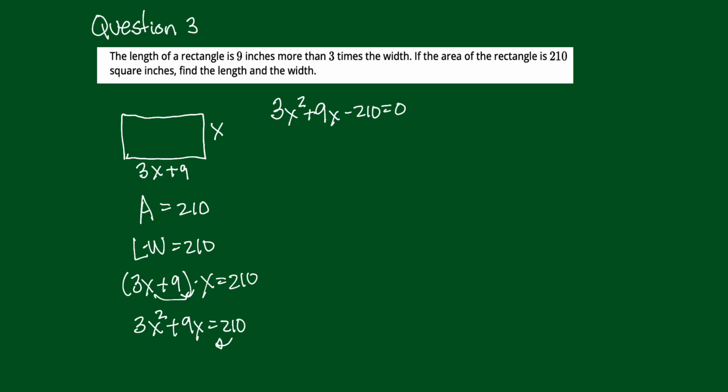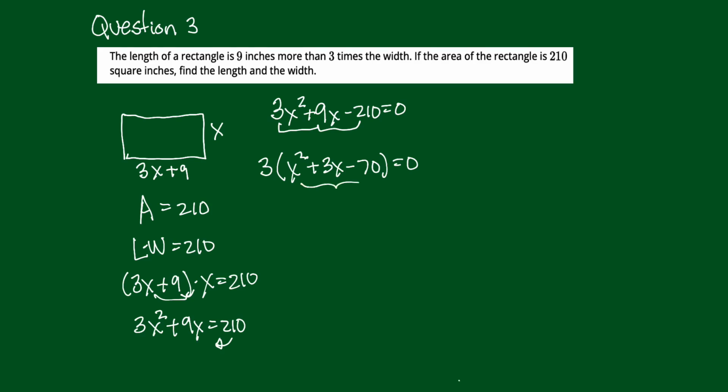I'm going to factor. Now notice there's a 3 coming all the way through here. So let's factor that 3 out. If I factor a 3 out, I'm left with x squared plus, 9 divided by 3 is 3x, minus, now 3 goes into 21 7 times, and I got another 0, so there's going to be a 70 here. That's equal to 0.